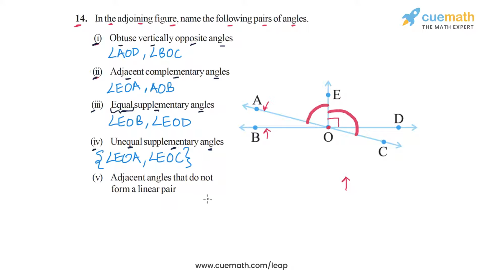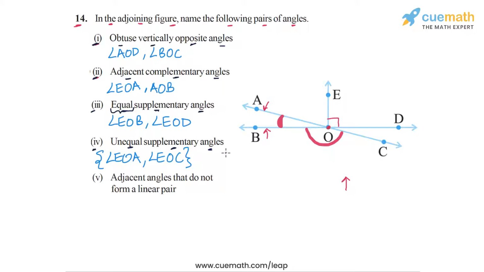In NCERT, this is the only answer given, but this is not the only possible pair of unequal supplementary angles, because let me show you another example. If you take angle AOB, this angle, and angle BOC, these two angles also form a linear pair of angles, and these two angles are unequal. So these two angles also form a pair of unequal supplementary angles.